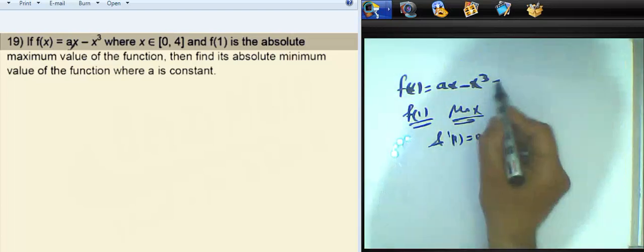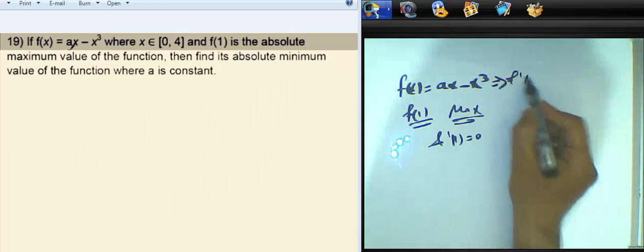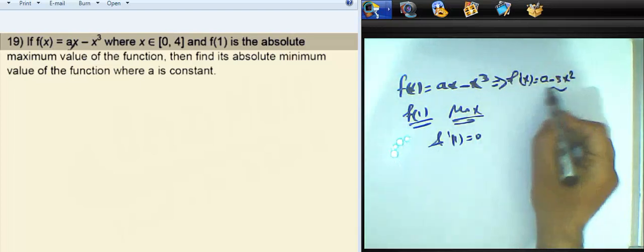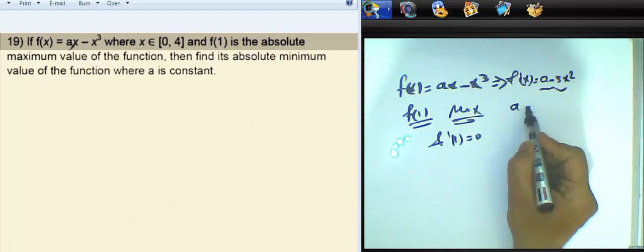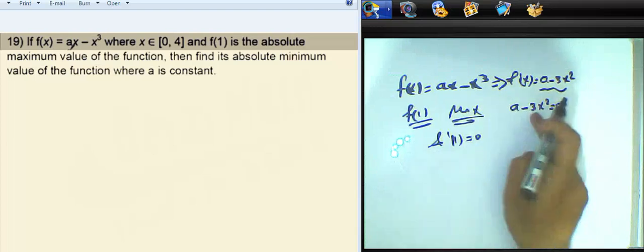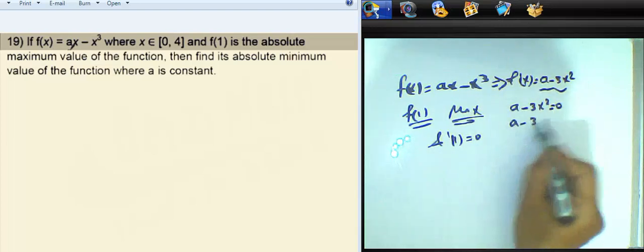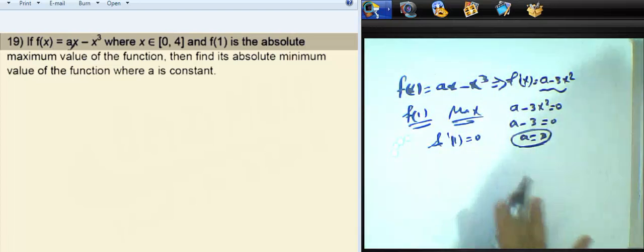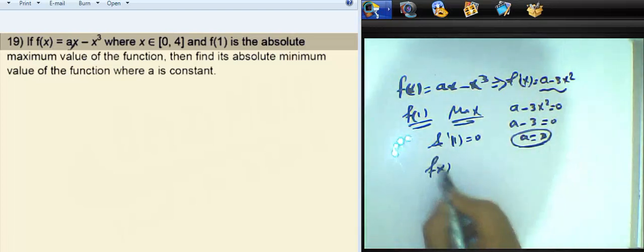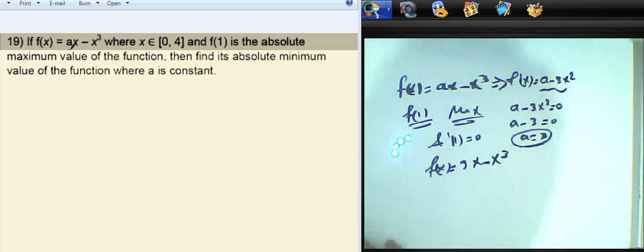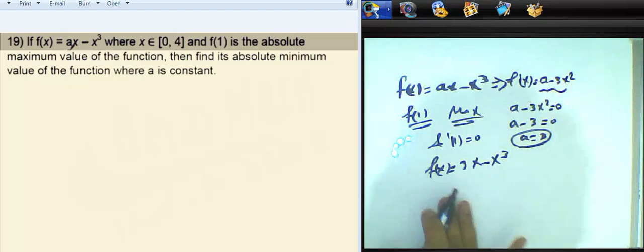So in this example we can find f dash of x, it will be a subtract 3x power 2, and this function will be equal 0. Then a minus 3x power 2 equals 0 at x equal 1. Put x equal 1 here, then a minus 3 equals 0, so a will be equal 3. We get here a equals 3. Then the function here is f of x equals 3x minus x power 3.